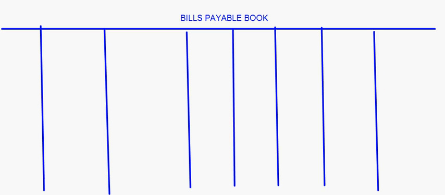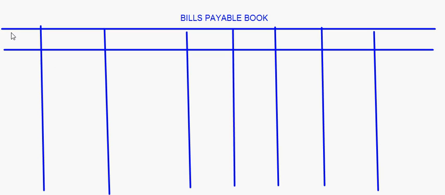These are the columns here. The first one is the serial number. The second one is the date of the bill.